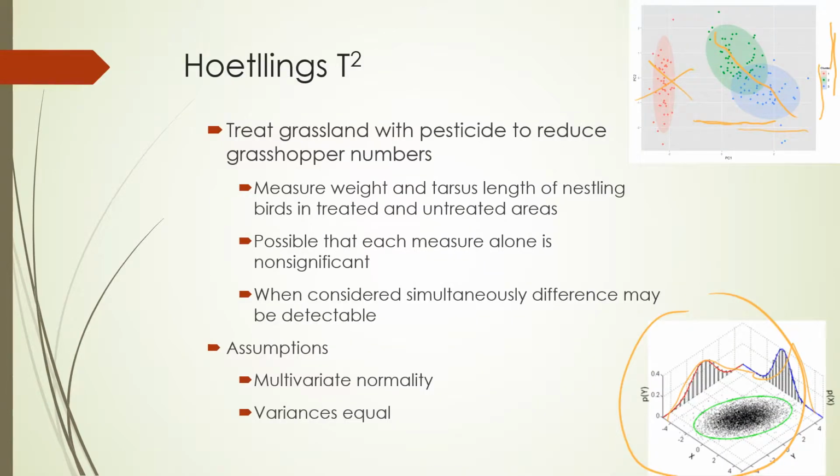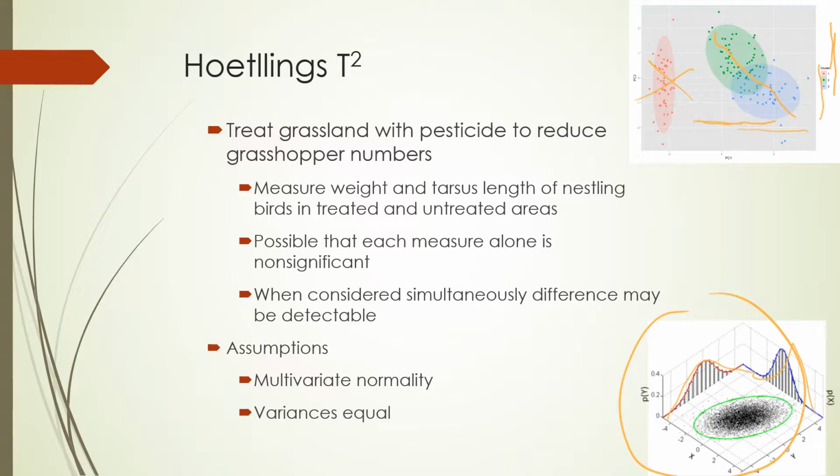One of the simplest multivariate analyses is known as the Hotelling's T-squared test, where you measure a number of different response variables on, in this case, two groups, and ask if there's a difference when you consider all of those variables together versus looking at them one at a time.